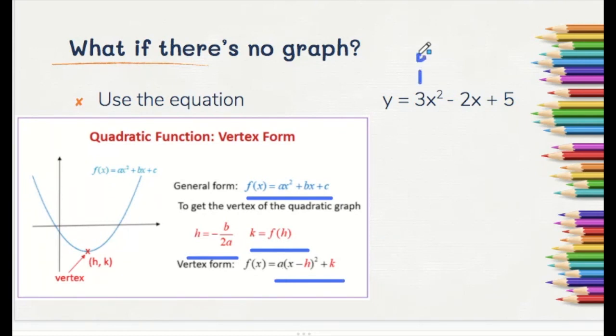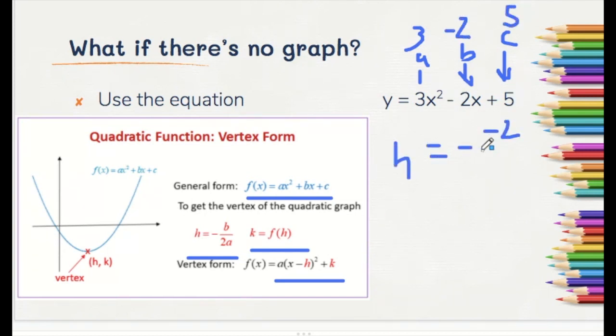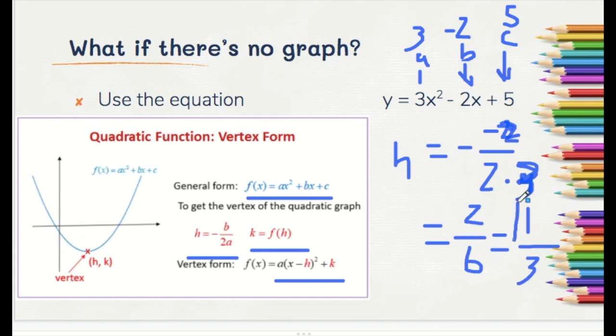Here's a very quick explanation. So a is 3, b is -2, c is 5. The formula for h is equal to -b divided by 2a. So -(-2) is 2 divided by 2a, a is 3, so that's 6, equals 1 over 3.